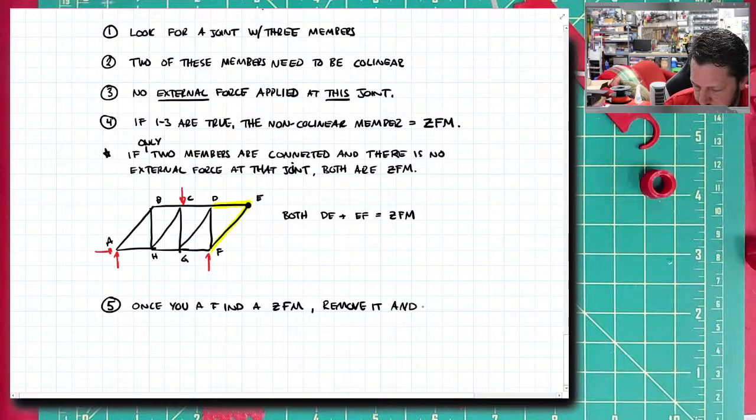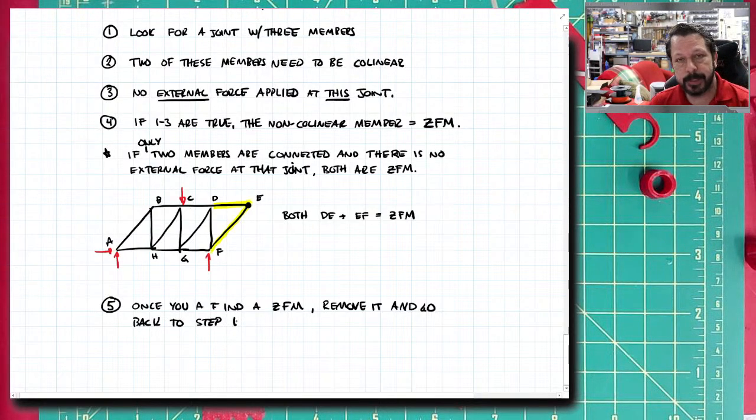And go back to step 1. Because now, since you removed it from the truss, there might be a new joint that once had 4 members, but now you've taken one out and it only has 3 members, and you might find another zero force member there. So it could create a chain reaction of finding zero force members.